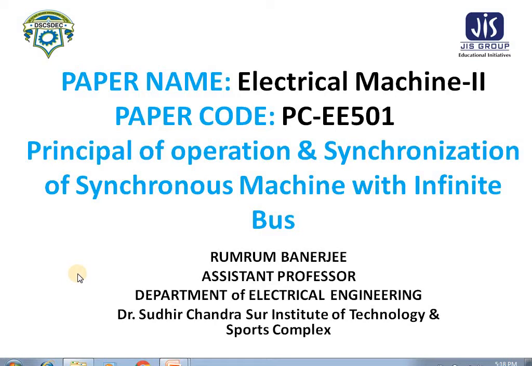And while we are connecting multiple synchronous machines together, definitely some principle or some conditions should be maintained. Otherwise a huge damage or huge disaster can happen if we connect the synchronous machine without synchronization. How these things can be possible, that I will highlight in this lecture.